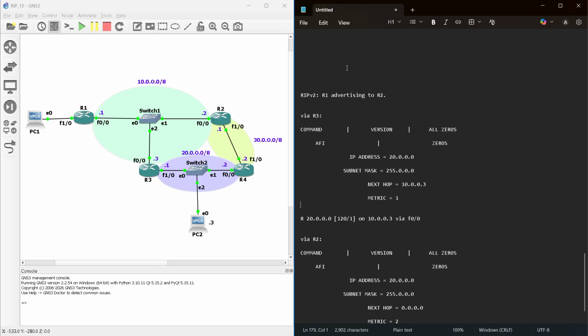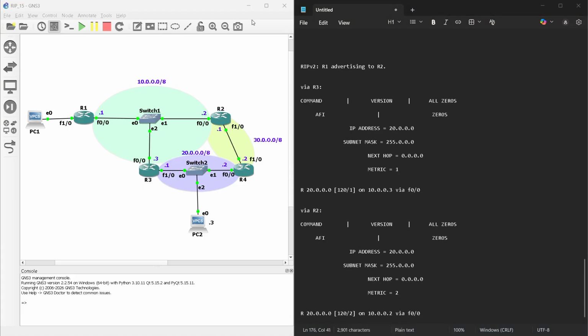We are learning it via this network on this interface. Now, let's suppose I reconfigured R3 and removed the RIP configuration from it. Now what will happen? I have removed R3 from the RIP configuration, right?